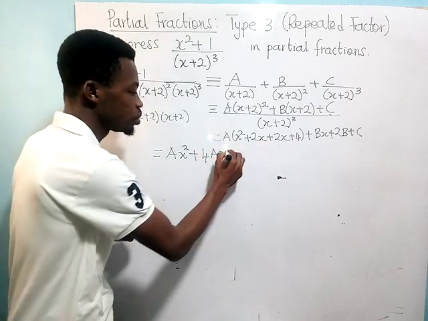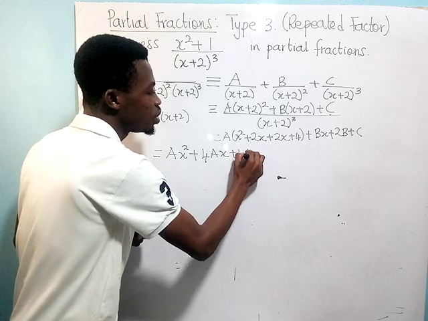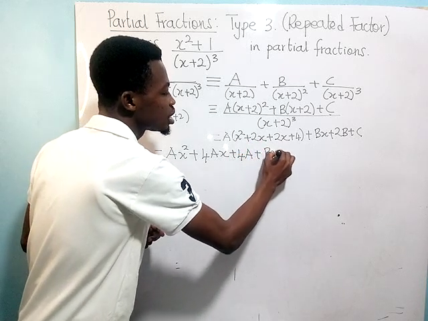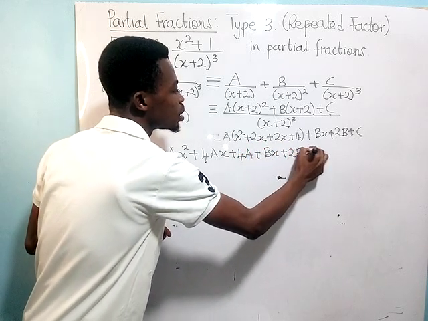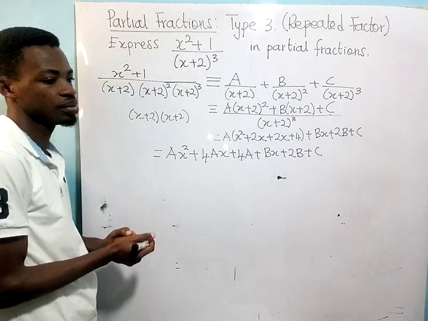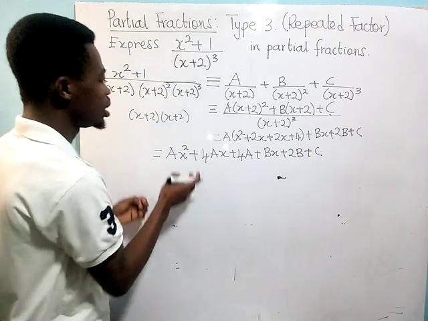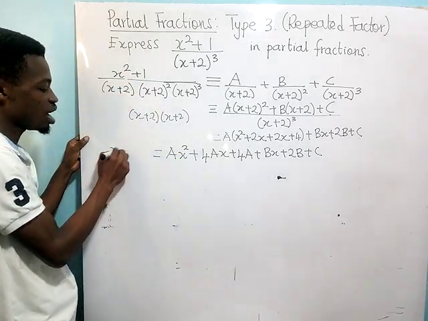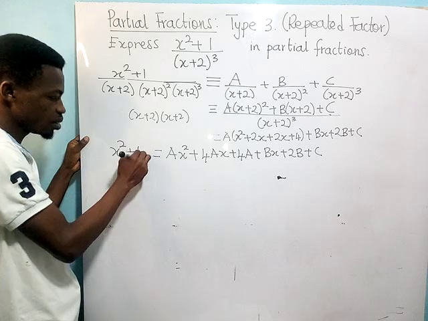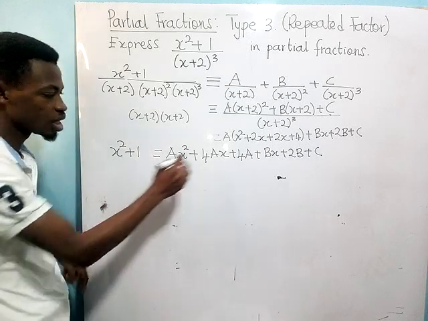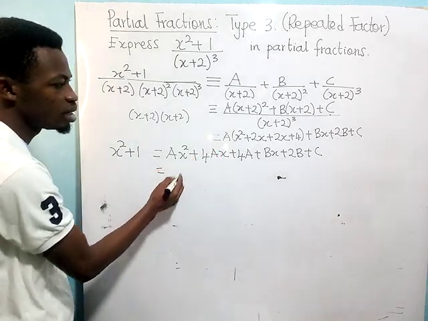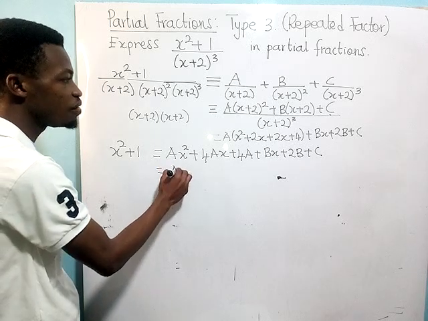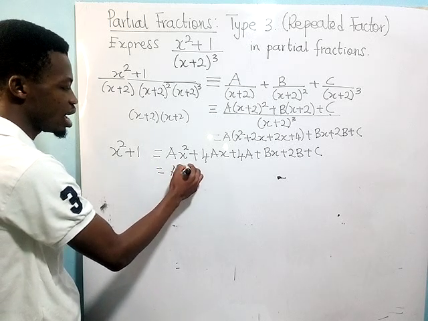A times 4 will give us 4A, plus Bx plus 2B plus C. Now remember that we always have to equate this to the numerator, where we have x squared plus 1.